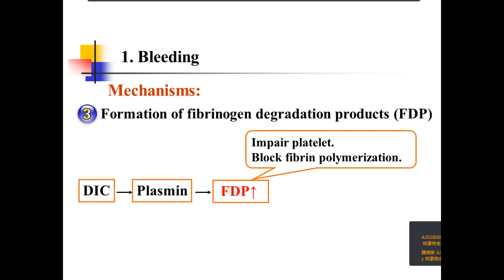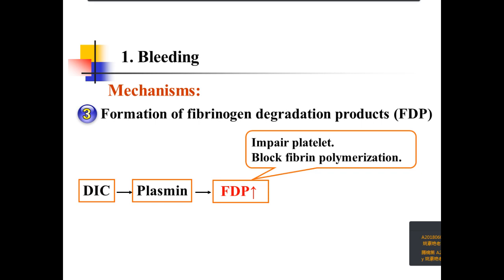It can impair the platelet. Now the second, FDP can block fibrin polymerization. So when FDP increases, can fibrin form a clot or not? Block fibrin polymerization.